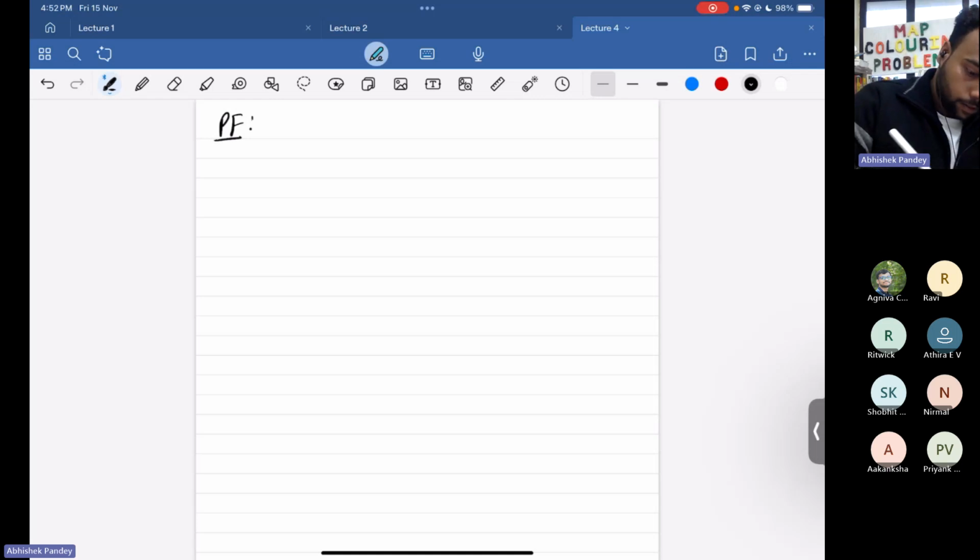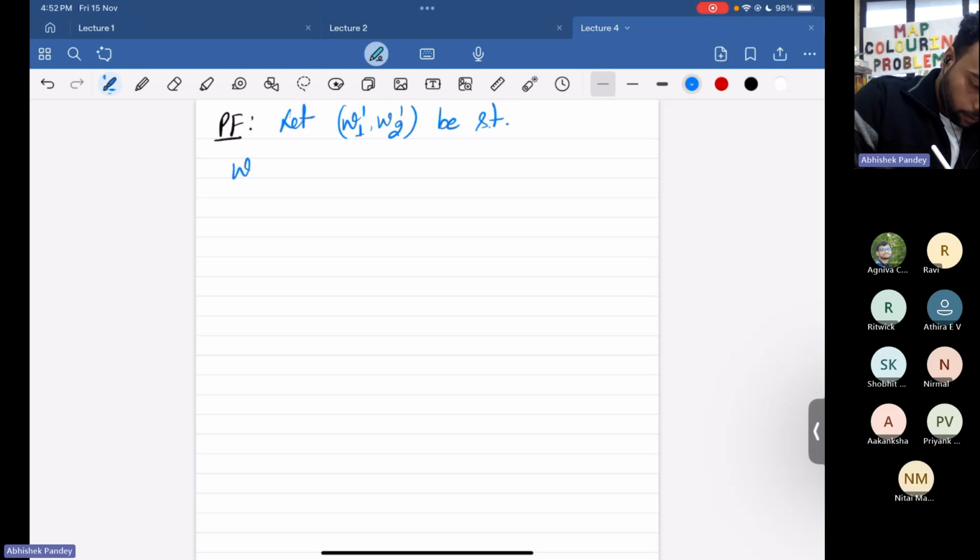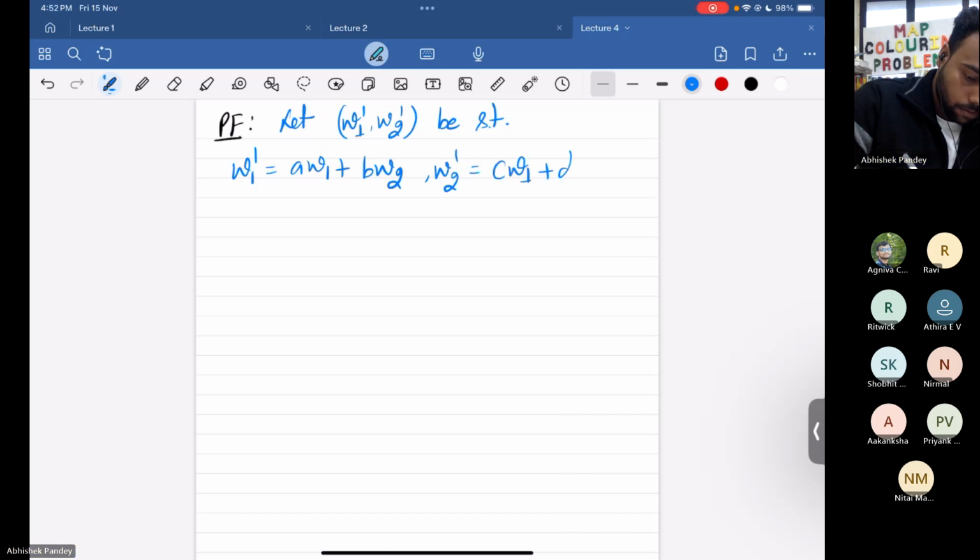So you see the converse part. Let W1', W2' be such that W1' and W2' are linear combinations of W1 and W2 such that AD minus BC is plus or minus 1.